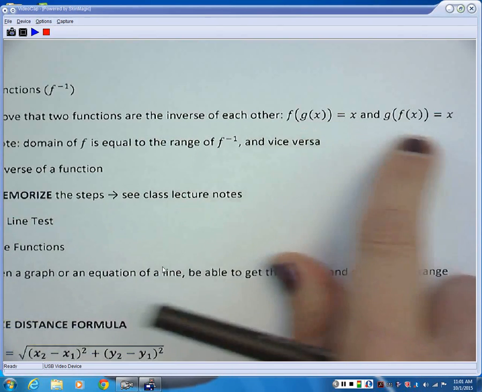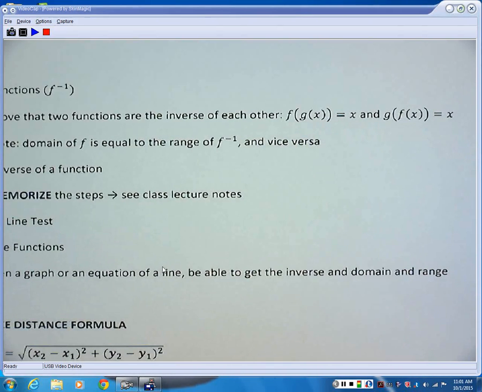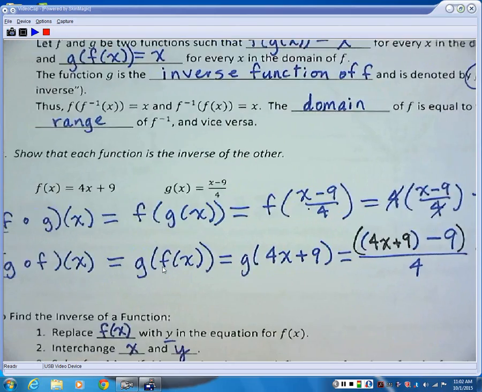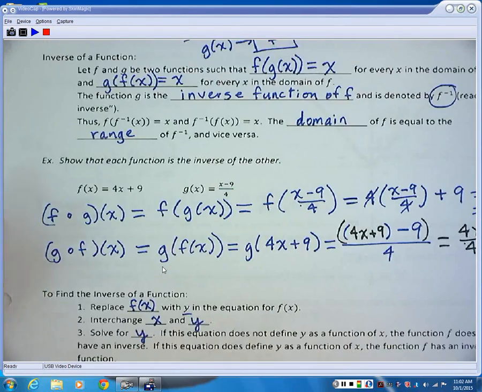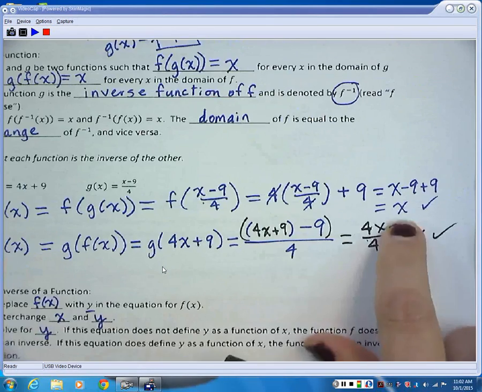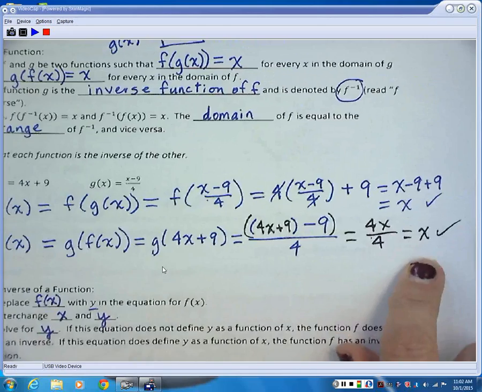So you need to show this. It's on the formula sheet. We did that in section 1.8, in an example in the notes, and we got x.